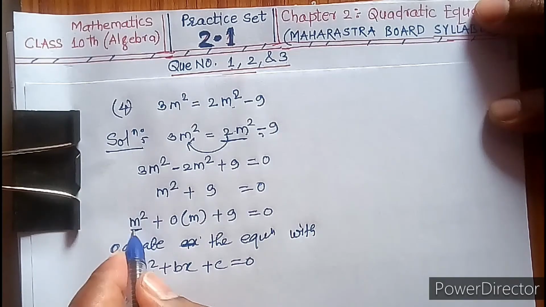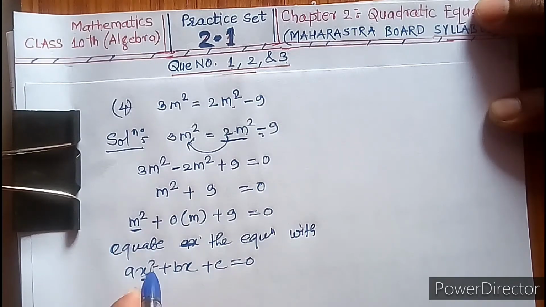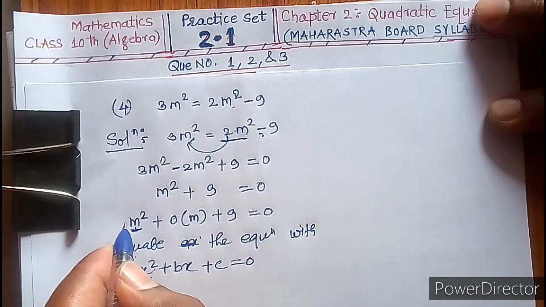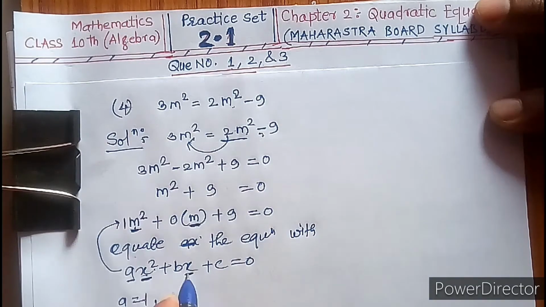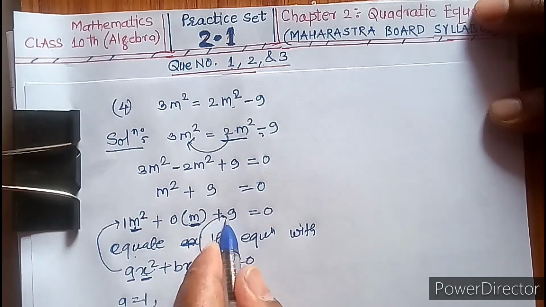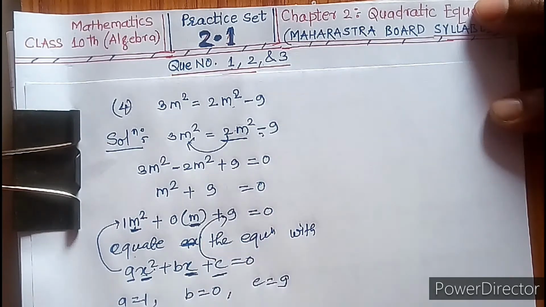Here the variable is m, there the variable is x, the highest power of x is 2, the highest power of m is 2. The coefficient of x square, that is a, is the coefficient of this m square, that is 1, therefore a equals 1. The coefficient of x, that is the coefficient of m, is b equals 0, and the value of c is 9, so c equals 9.